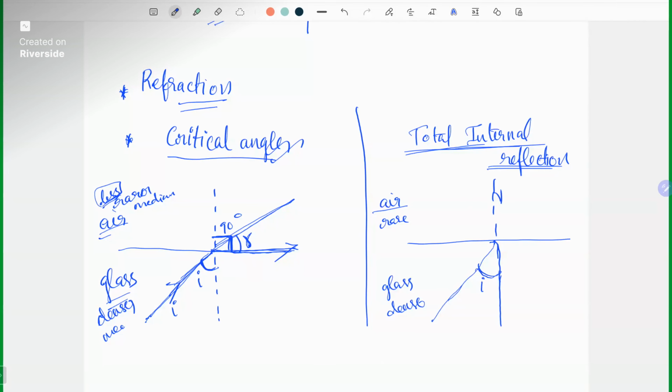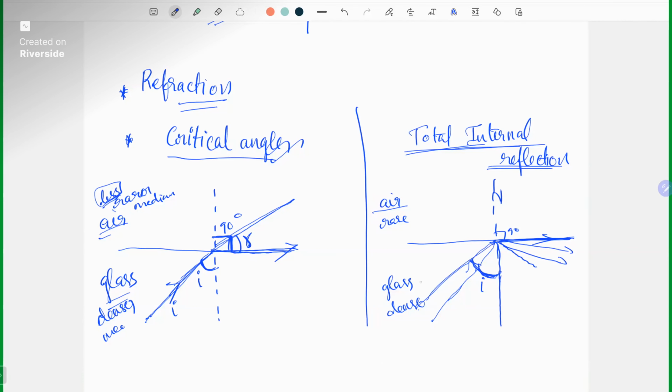When we set this incident angle at the critical angle, the refracted ray will be here, at 90 degrees. When we increase the angle of incidence beyond the critical angle, it will totally reflect, it will come here.